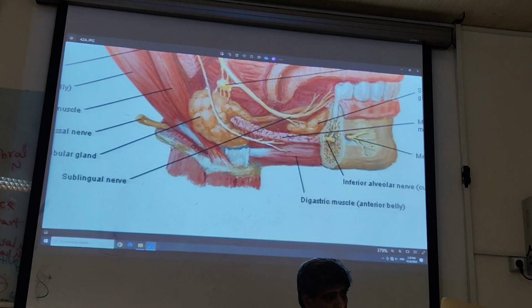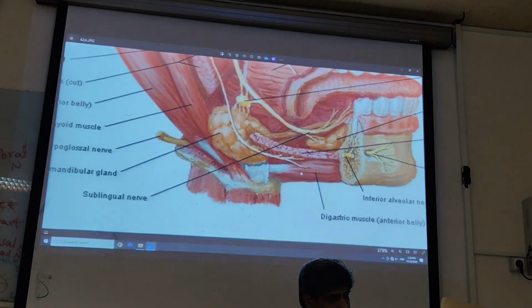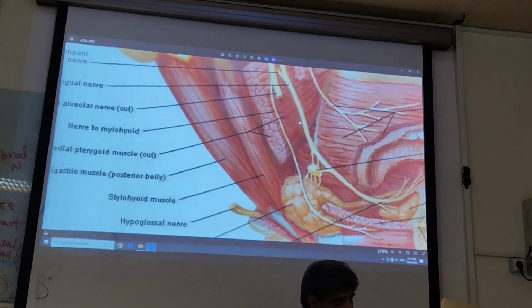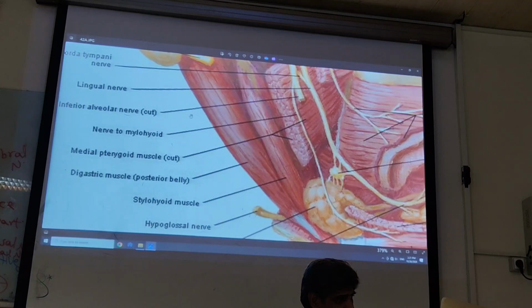And the inferior alveolar nerve innervates all of the lower jaw teeth: molars, premolars, canine, lateral incisor and central incisor.